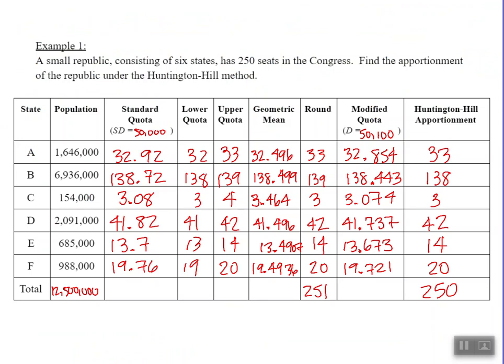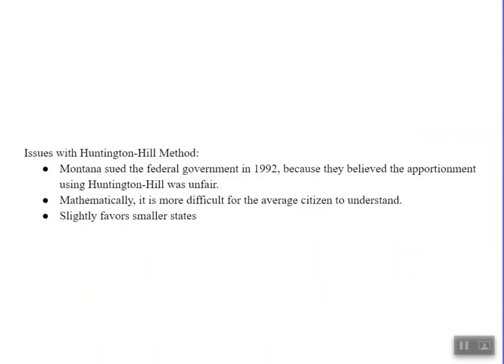So now, this is our final apportionment using the Huntington Hill method. Originally, we had one extra seat, and if you look, it was actually our largest state that lost a seat when we adjusted the divisor. Now, there are a few issues with the Huntington Hill method.